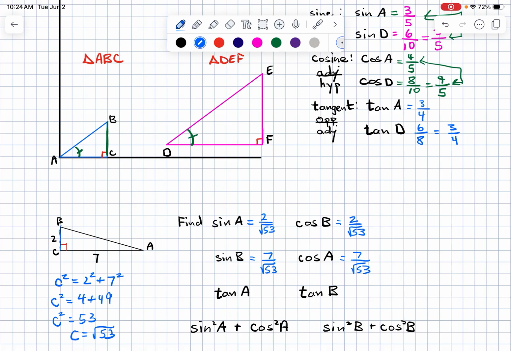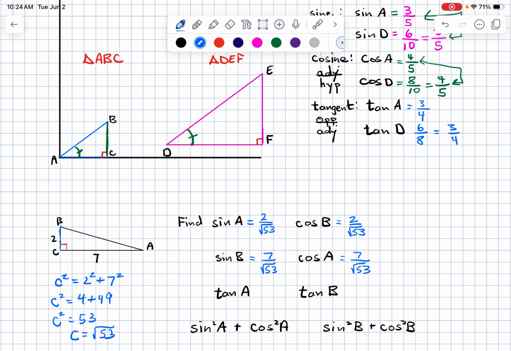Okay. Now this is pretty interesting, but here's the deal. Notice that angle B and angle A are complementary. When you have complementary angles, if A and B are complementary, then sine A is going to be equal to cosine B, and vice versa.